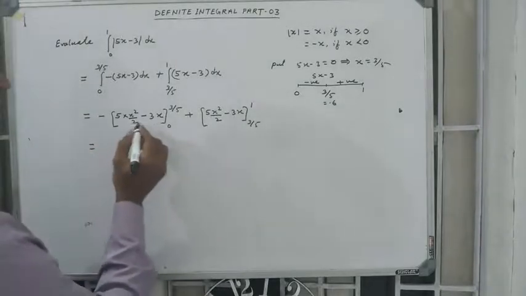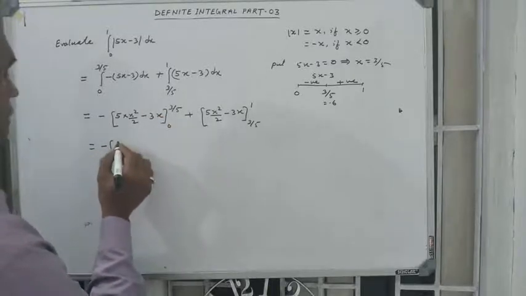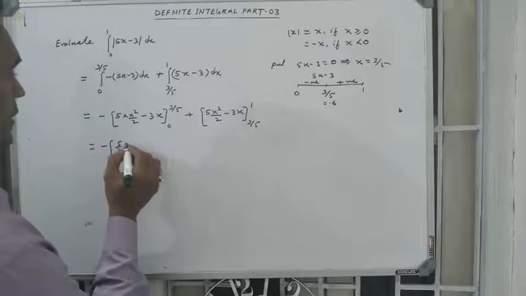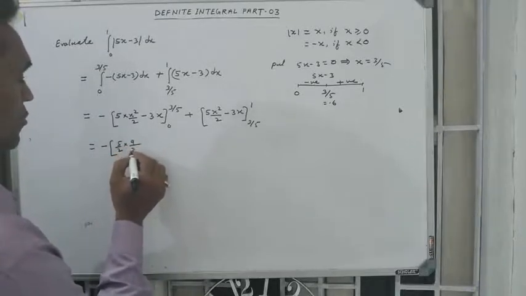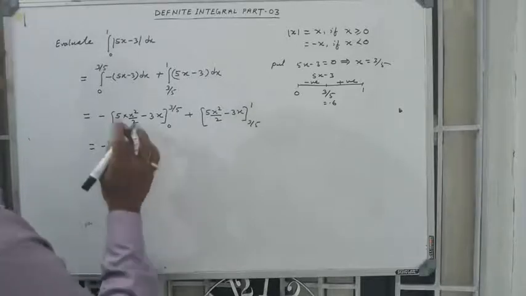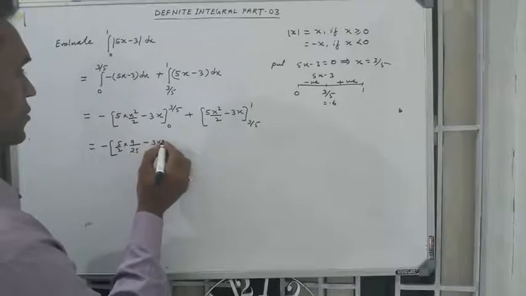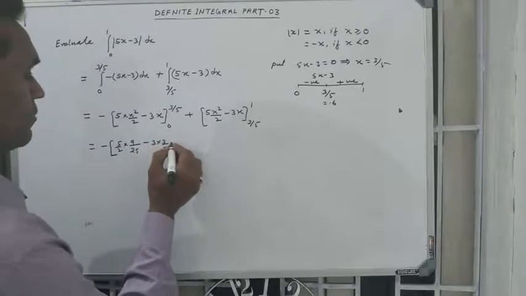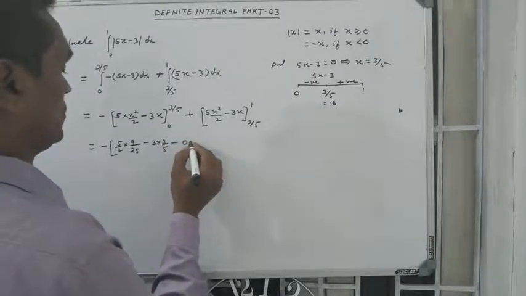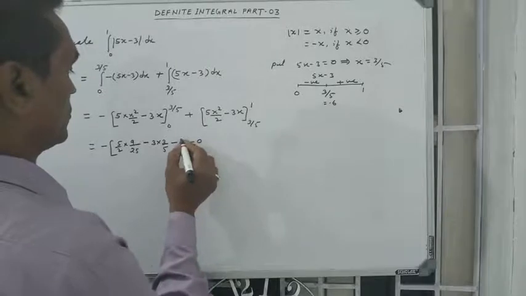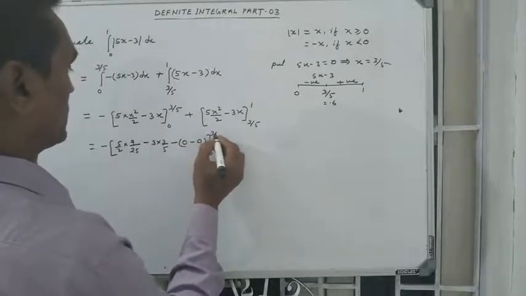Now you put the values. Minus 3 by 5, 5 by 2 into 3 by 5 means 9 by 25, 9 by 25 minus 3 into 3 by 5, minus, when you put x equals 0, then 0 minus 0, for the limits 0 to 3 by 5.